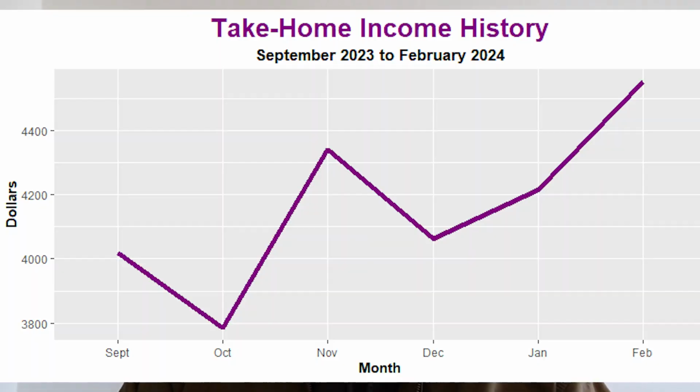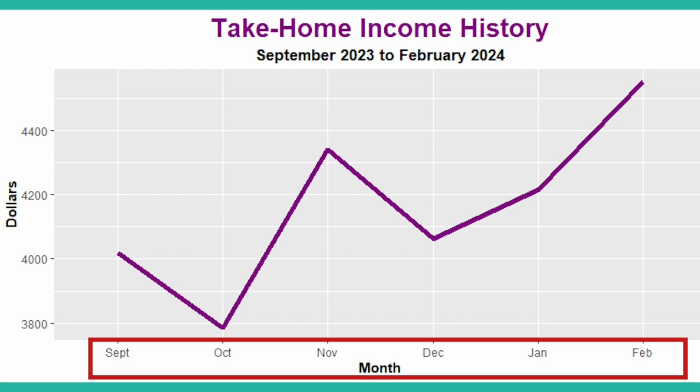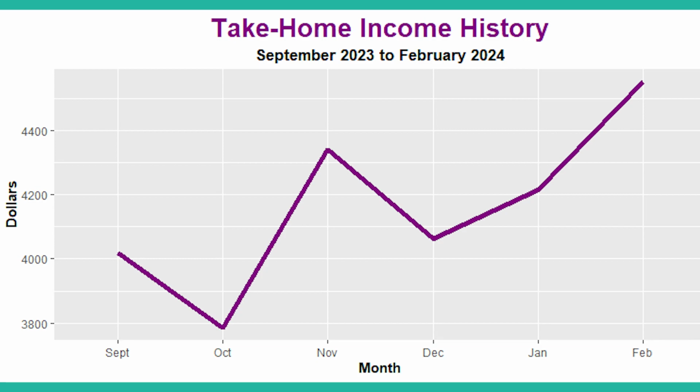On the screen now you're going to see a line plot where the y-axis is the dollar amount of my take-home income, and the x-axis is the months of the year, 2 in 2024 and then 4 in 2023. You're going to see it's generally all around 4,000, but it does dip up and down, and that's just to show that it can vary a little bit.